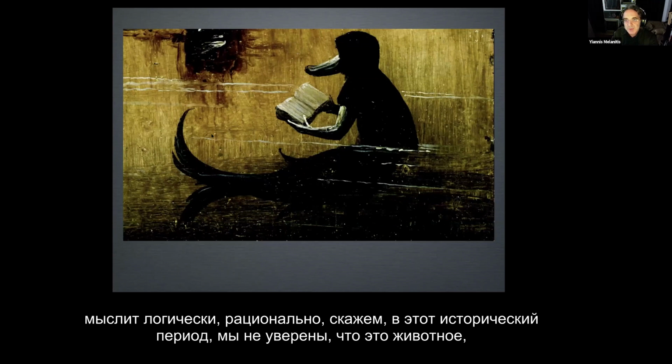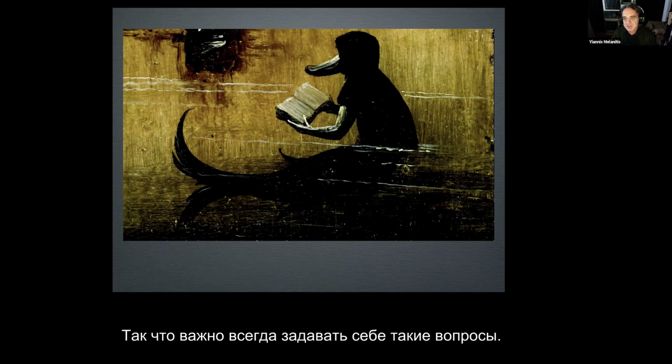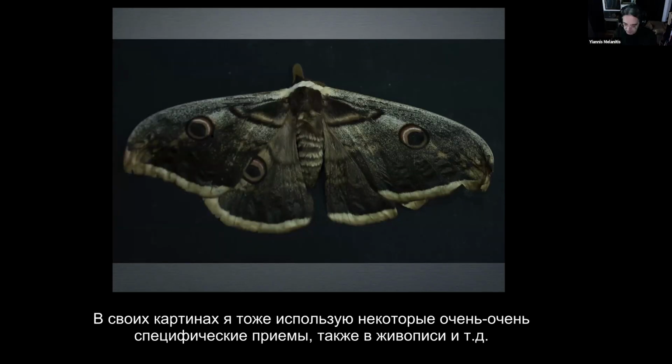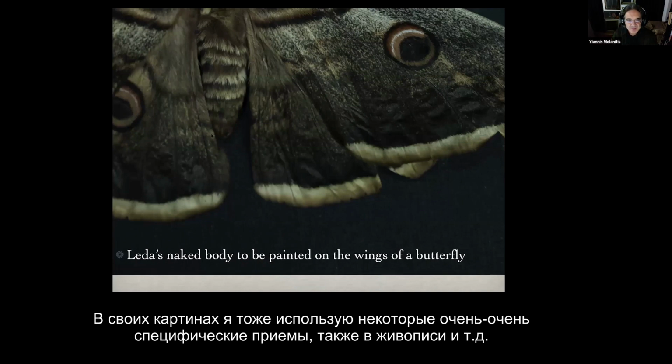We are not sure if it's an animal that goes closer to humans or a human going down the ladder to its animal origins. So this is the important, always to be in between these questions. So in my painting, I also use some techniques very specific, also in painting, etc.